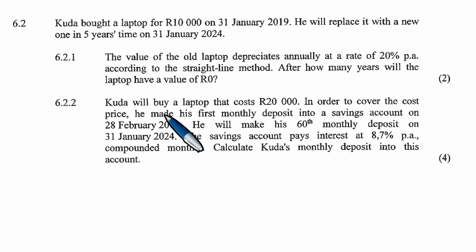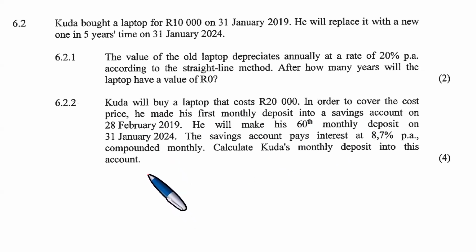Kuda will buy a laptop that costs 20,000. In order to cover the cost price, he made his first monthly deposit into a savings account on the 28th of February 2019.